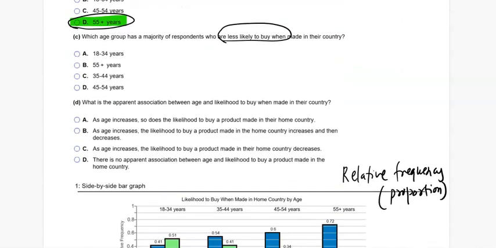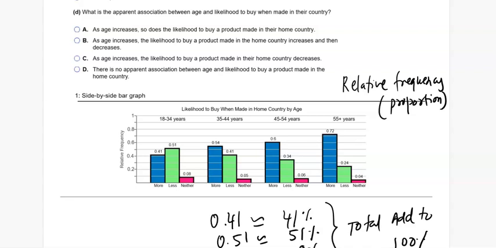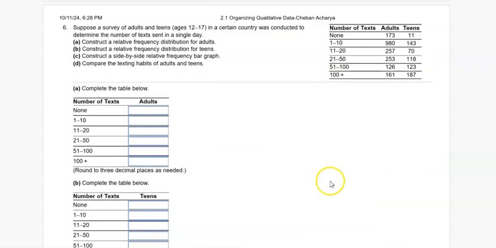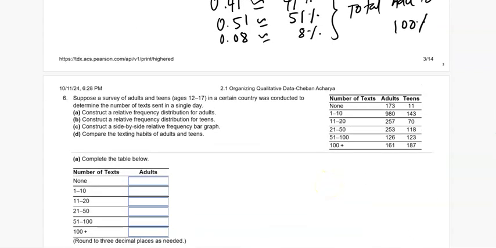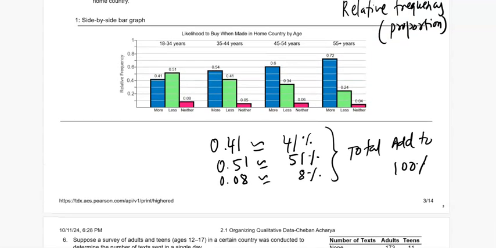Obviously you see the green area for less likely to buy: 0.51 in this age group, 0.41 here, 0.34 here, 0.24 here. So in the age group 18 to 34 years old, the majority of the people are less likely to buy.